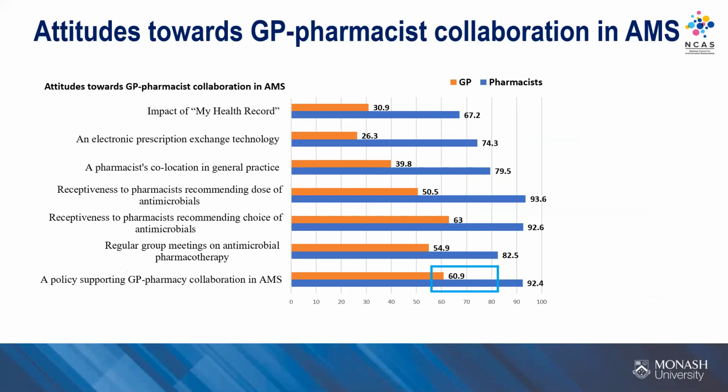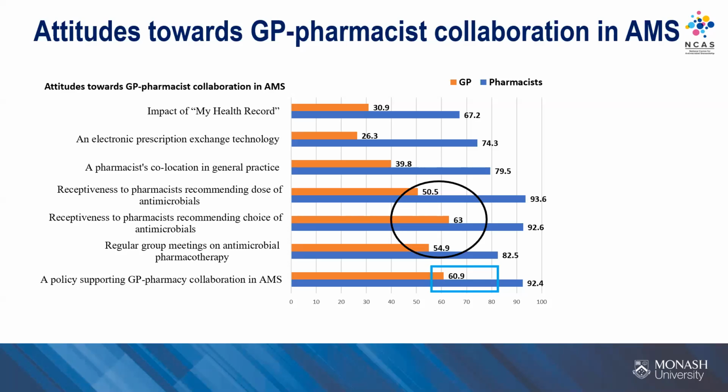And with regard to existing collaboration, around 55% of GPs were receptive to choice and dose recommendations from pharmacists. Furthermore, two thirds of respondents agreed that knowledgeable pharmacists who have expertise in infections and antimicrobials should attend regular meetings of GPs to discuss antimicrobial pharmacotherapy and develop common goals on how to optimize antibiotic prescriptions.